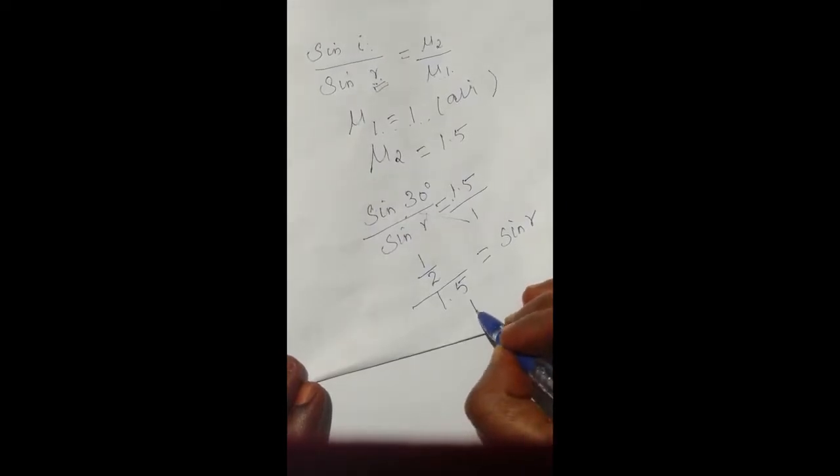Okay, now next step, 1 by 2 into 1.5 equal to sin R. So 1 by 2 into 1.5. So 2 into 1.5, what's the value?